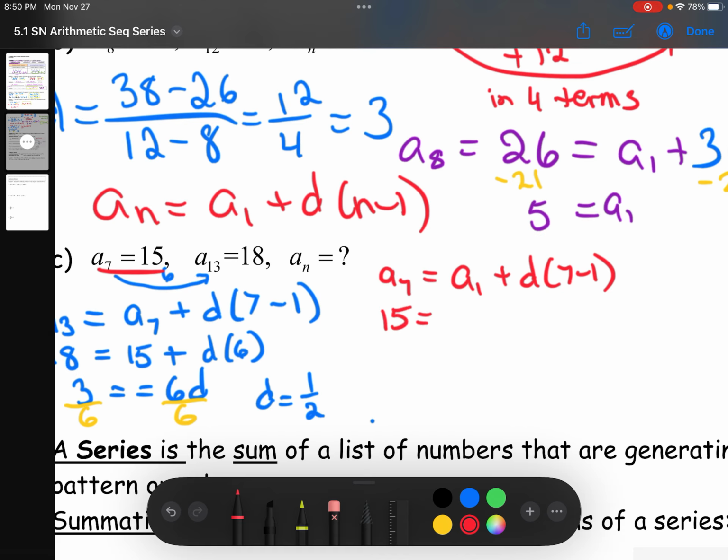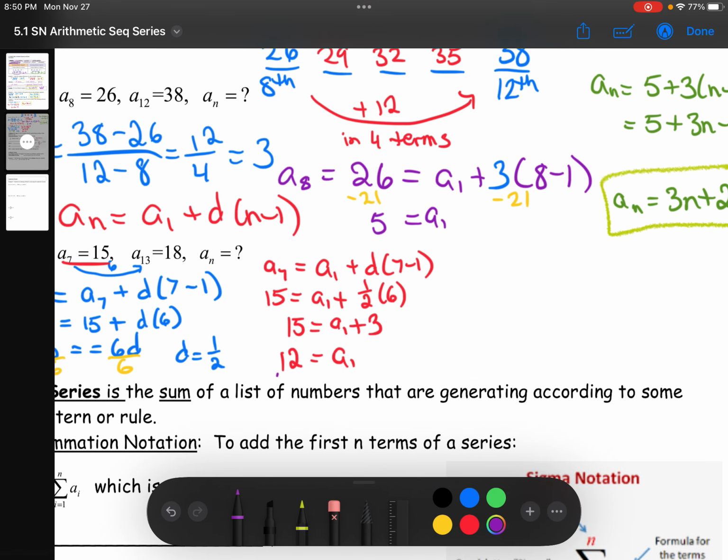A7 was 15. We're looking for a1. We now know that d, that's a plus sign, we now know that plus 1/2, d is 1/2, times 6. Half of 6 is 3. 15 equals a sub 1 plus 3. So a sub 1 is 12.